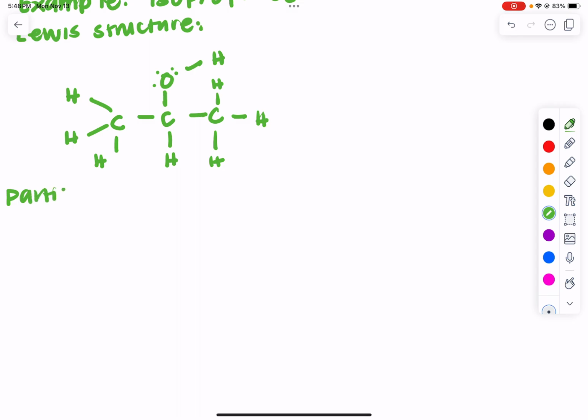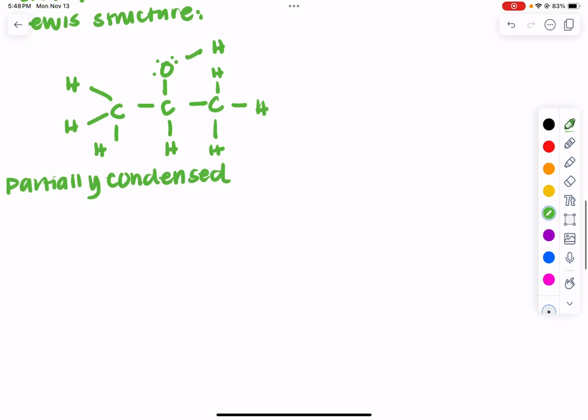If we do the partially condensed, again, we're just getting rid of those bonds to the hydrogens, and we don't want to put any lone pairs there. So we have H3C, CH, CH3, OH.